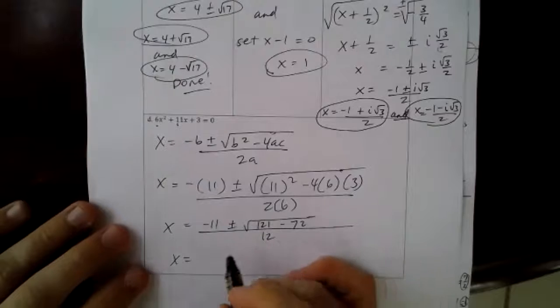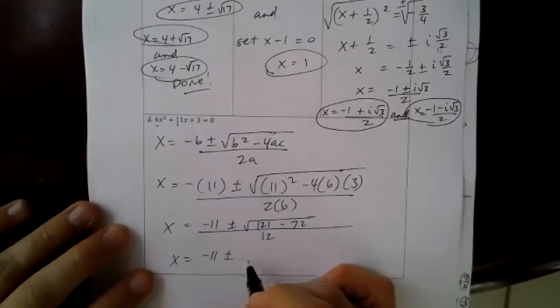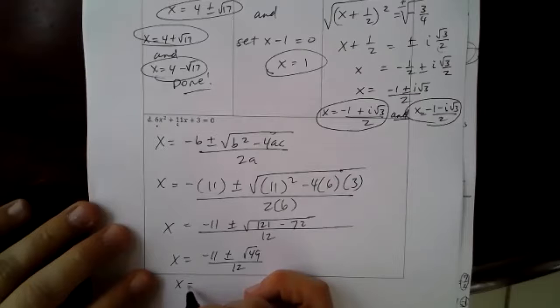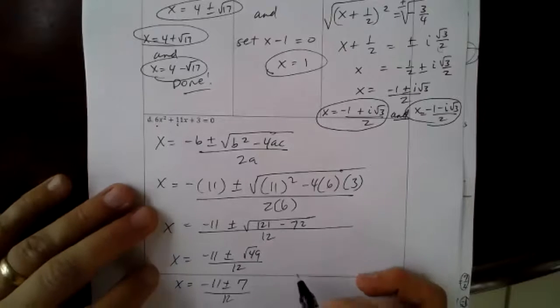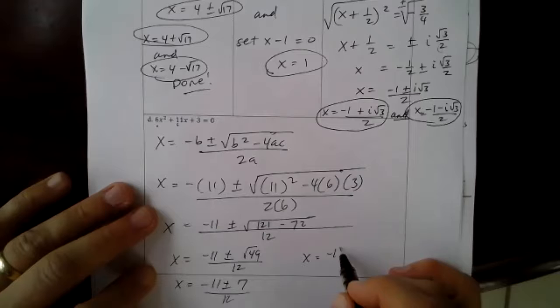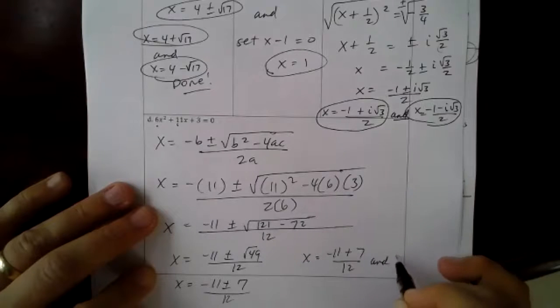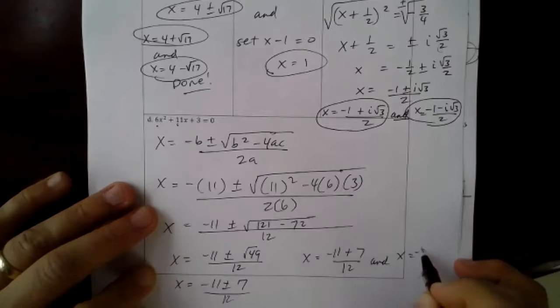Down here we're going to have negative 11 plus or minus the square root of 49 all over 12. So that turns out to be negative 11 plus or minus 7 all over 12. So that means our answers are x equals negative 11 plus 7 over 12 and x equals negative 11 minus 7 over 12.